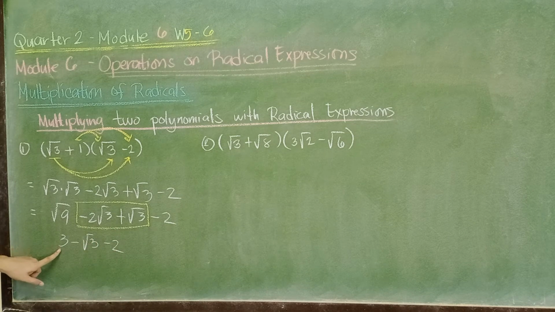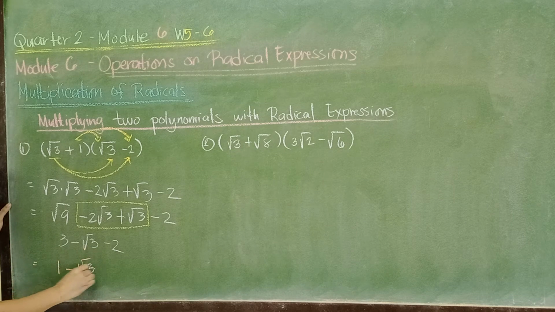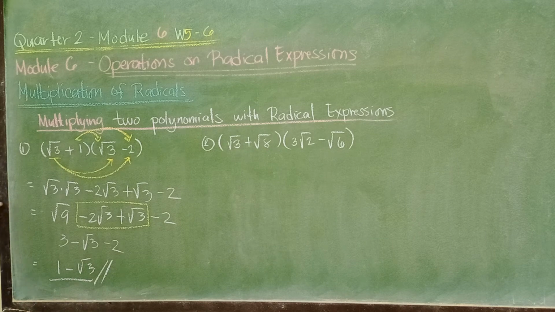Next, 3 minus 2, that is 1 minus square root of 3. Next, dito sa second to the last part, you'll just combine yung mga like terms, yung 3 at saka yung negative 2. So 3 minus 2, you have 1.